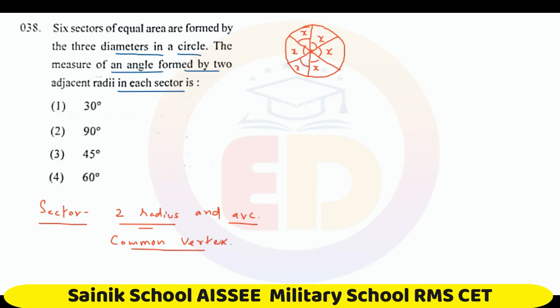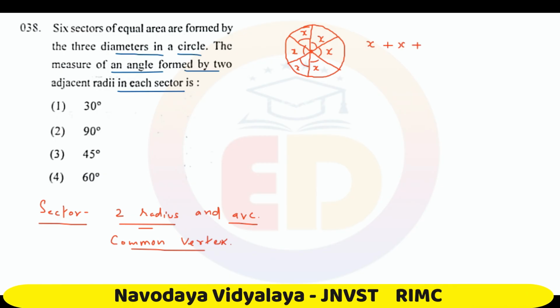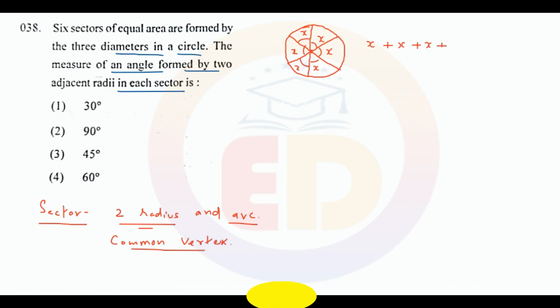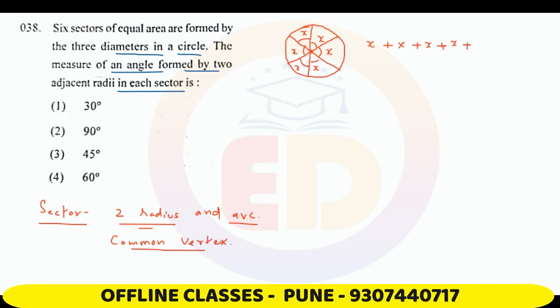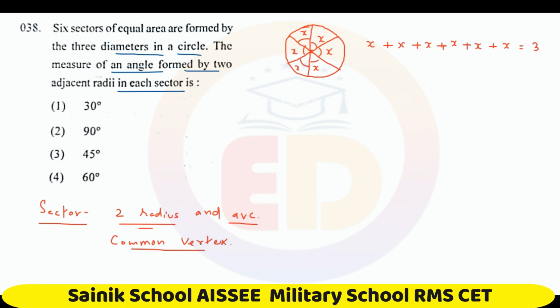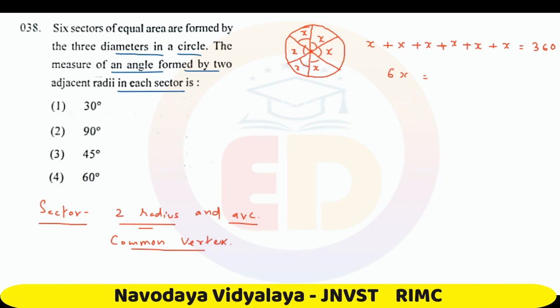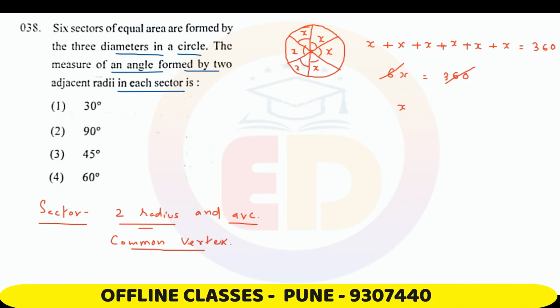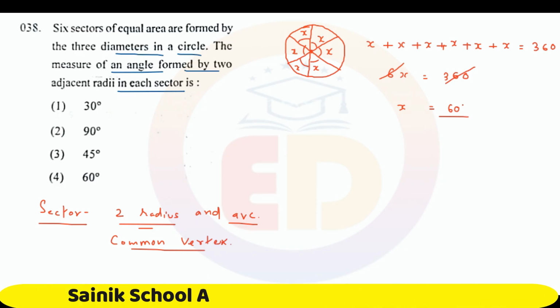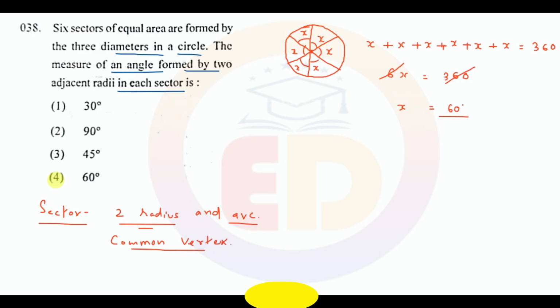So these 6 angles, x plus x plus x plus x plus x plus x, sum of all these should be 360. 6 times adding x is 6x equals 360. Simplifying 6 and 360, the value of x is 60 degree. Answer is option 4. Very simple question, just need a little visualization.